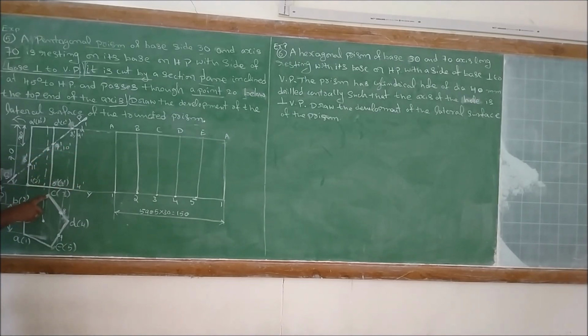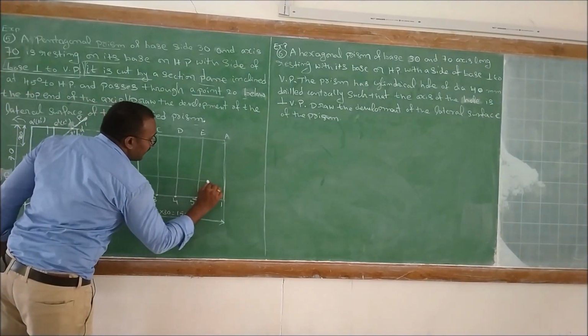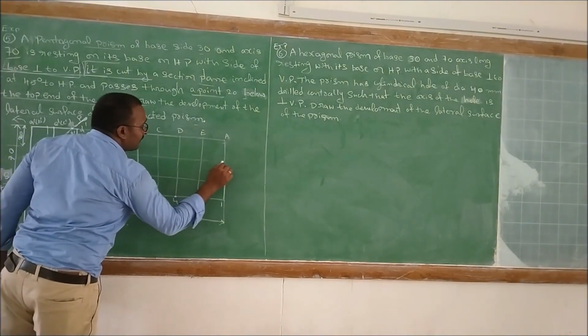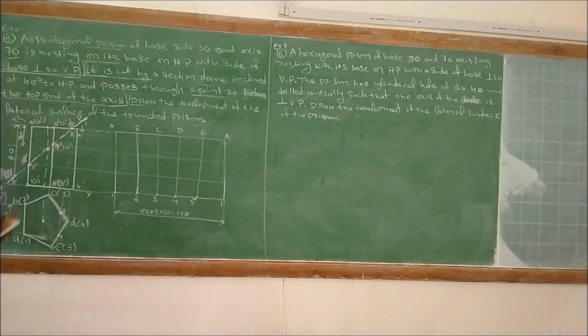So the 2 points are on the C3, that is E5 and C3 lines. Thereafter, we need to project all the intersecting points between the section plane and the vertical plane towards the side. Then 7, 10, and finally 8 and 9 are already there.